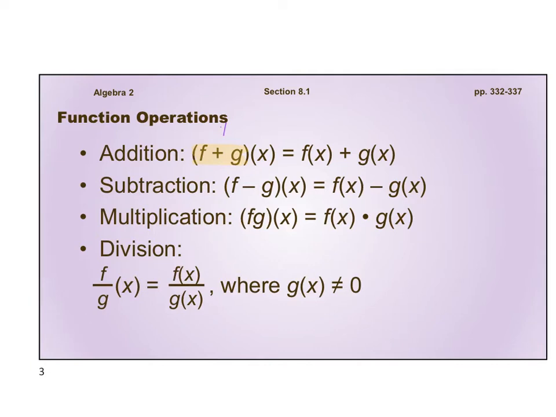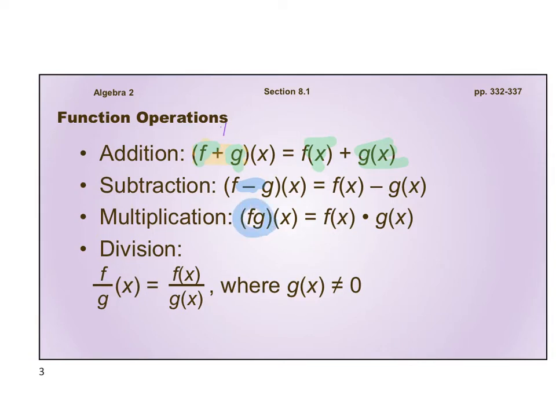Because there's other things going on that it's going to be different. So it is not multiplication. But what this means is f of x plus g of x. Okay, so f of x plus g of x. All right, subtraction. Now instead we have a subtraction right there. Again, it's the subtraction of the two functions.